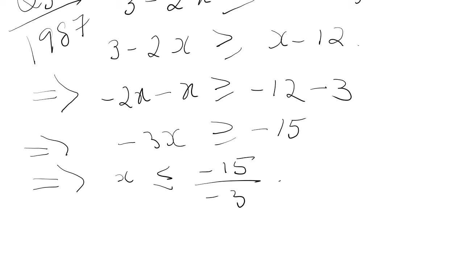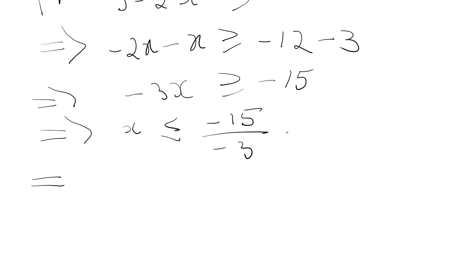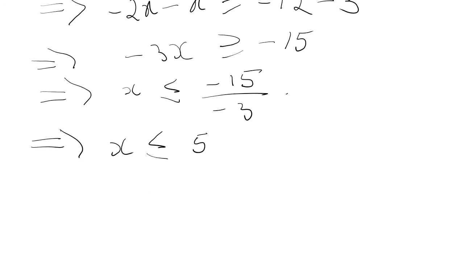But whenever you divide by a negative number, the inequality sign gets reversed. That is the rule. So greater than or equal to becomes less than or equal to. Minus 15 divided by minus 3, so x is less than or equal to plus 5, because minus divided by minus becomes plus 5.